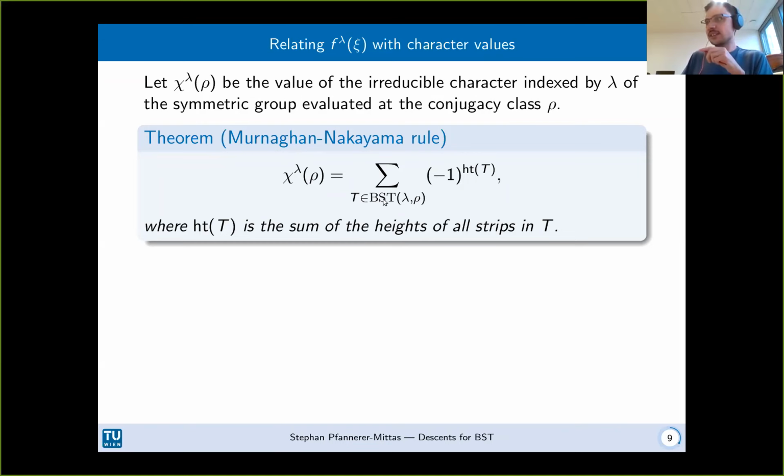And we add the sum of the height of the tableau. And the height of a tableau is the sum of the heights of its strips. So this is either 1 or -1.